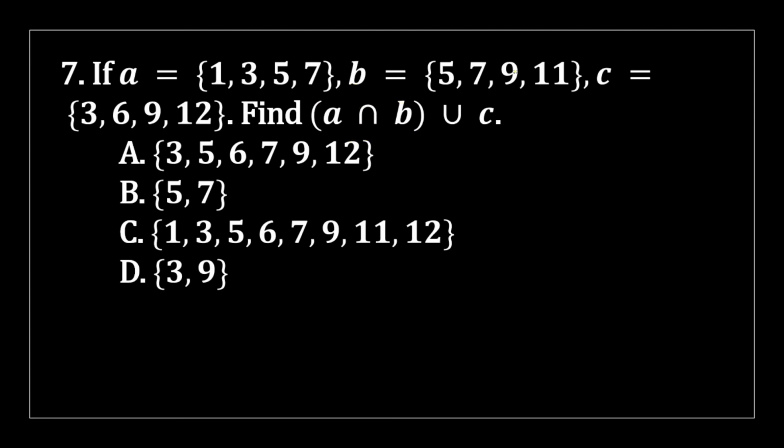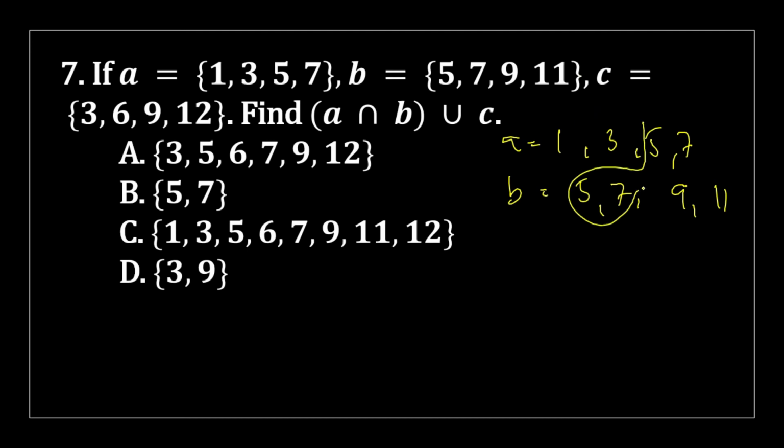So in this case, set A has 1, 3, 5, and 7, and set B has 5, 7, 9, 11. Now, what are the numbers that we can see in both sets? We can see 5 and 7 in both. So therefore, you can write A intersect B is equal to 5 and 7.